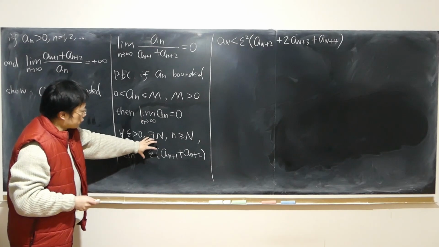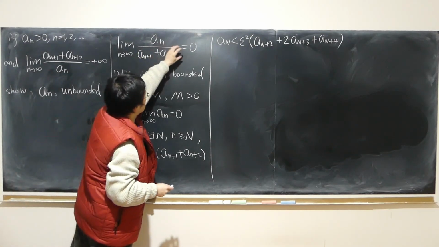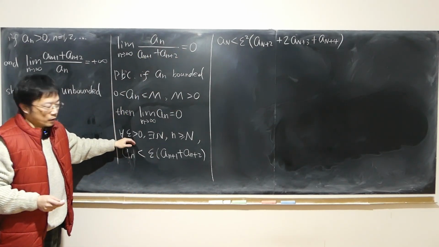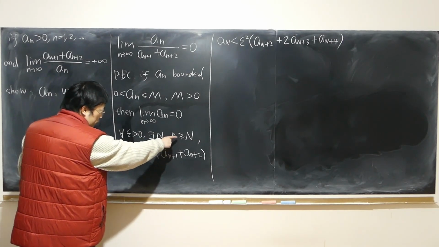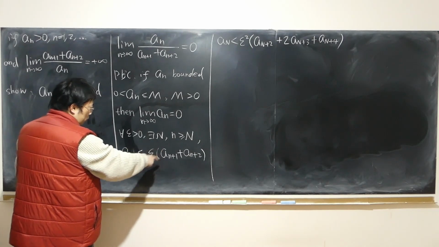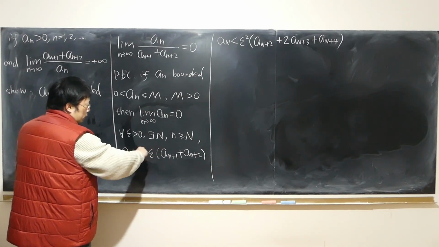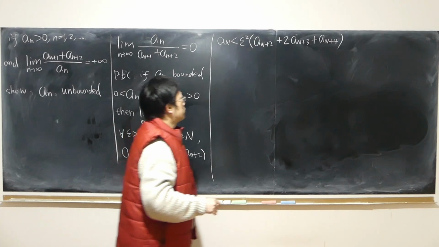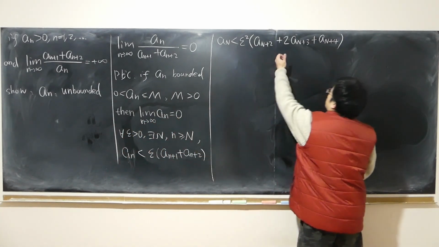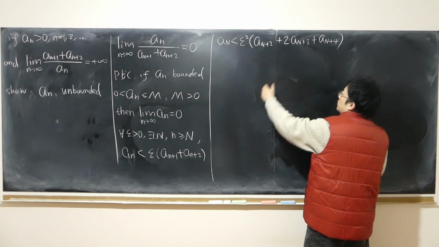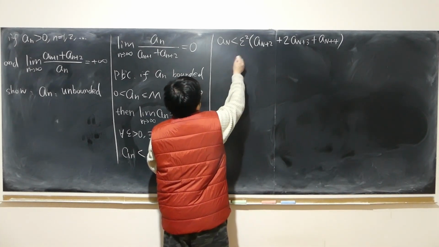According to the definition of the limit being 0, for any epsilon bigger than 0, there exists a capital N such that as long as little n is bigger than or equal to capital N, we always have this inequality. Then use the recursive relation, apply it again and again, and we reach this inequality. We can keep doing this, following the same logic.